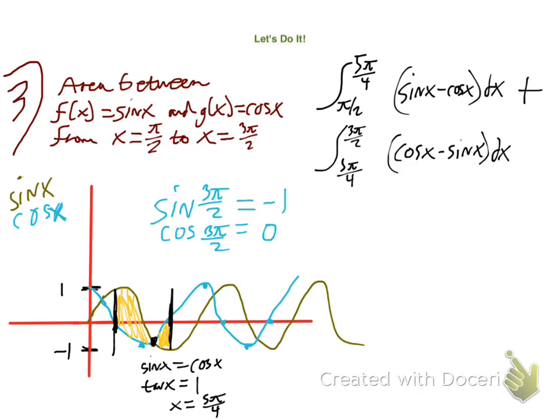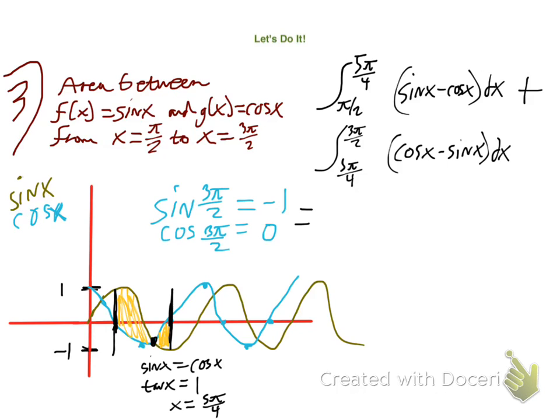Cool. And so your answer is the sum of these integrals evaluated, which I'm not going to make you sit through, because in the previous problem I already evaluated an integral that involves sine and cosine, and I think you know how to do these definite integrals by now anyway.